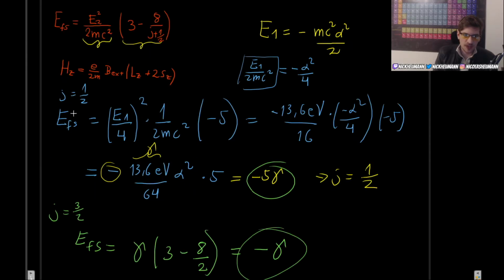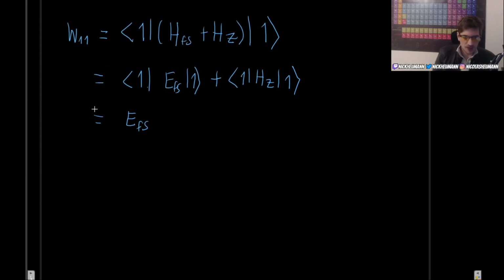So what was the energy for J equals 1/2? It was minus 5 gamma. So instead of writing the energy, maybe I'll write it down here. It's going to be minus 5 gamma, plus, and now we need to see what's up with this Hamiltonian. So the Hamiltonian was the following. It was, wait, I'm supposed to write a 1 in there.